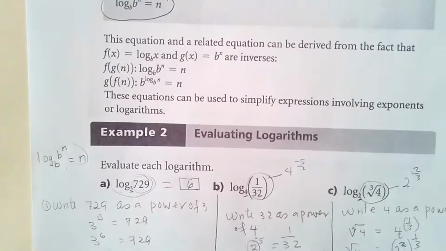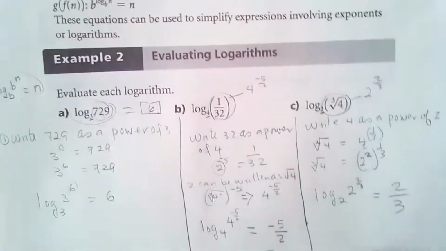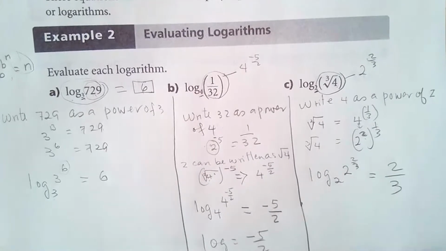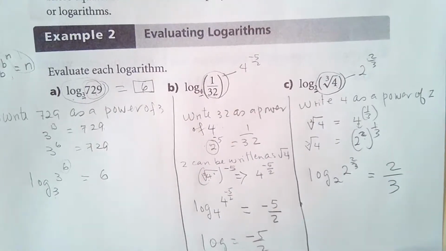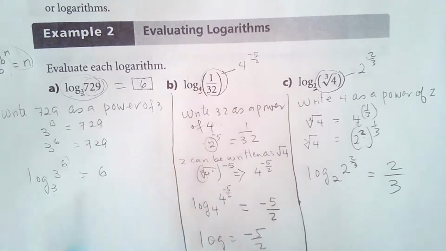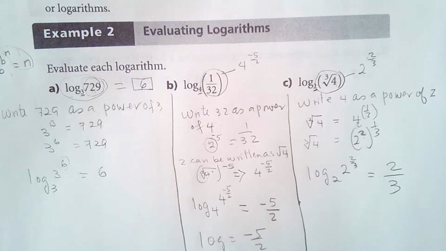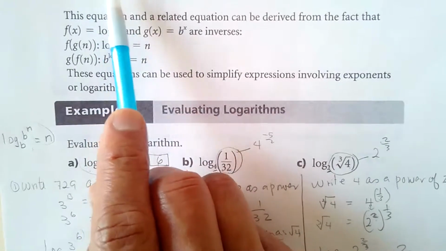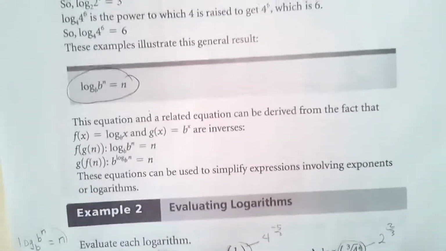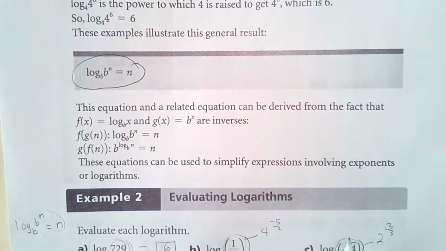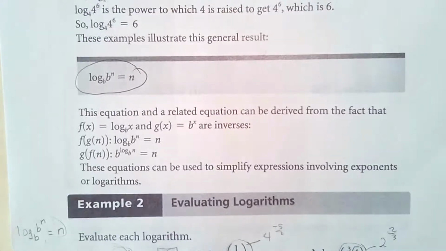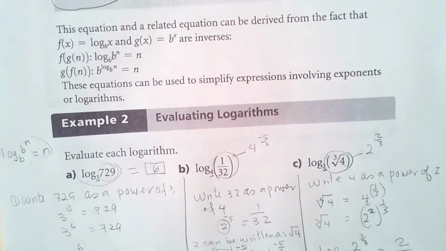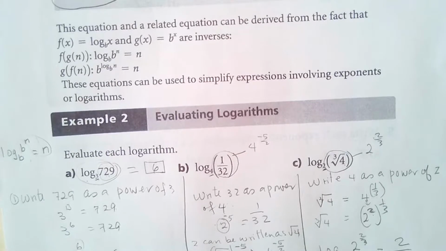Then we looked at logarithms other than base 10. And in this case, we said that log base b of b to the n is equal to n. And we learned how to evaluate logarithms and also to change the form of the logarithm.